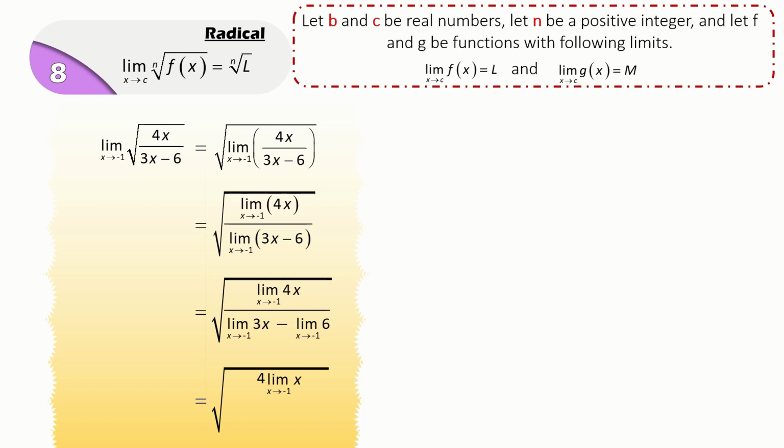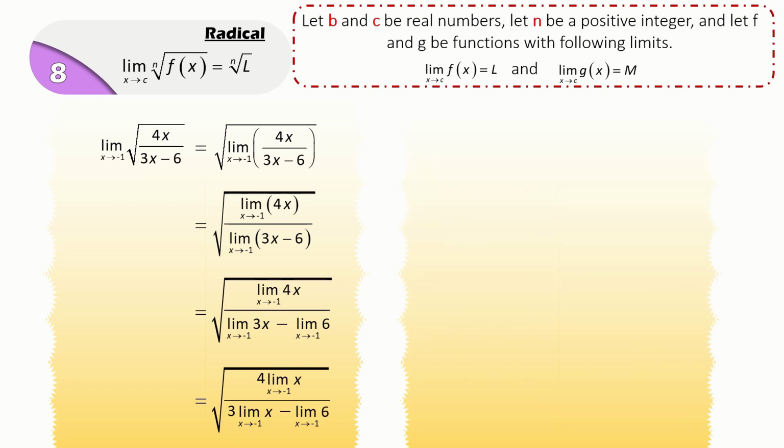Apply similar property in the denominator, specifically to the limit of 3x as x approaches -1. Then, we have the product of 3 and the limit of x as x approaches -1, and subtract it from the limit of 6 as x approaches -1. We write the square root.